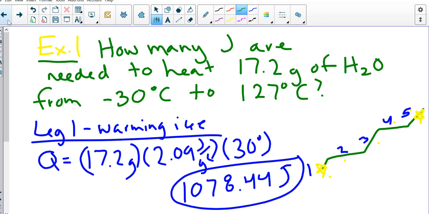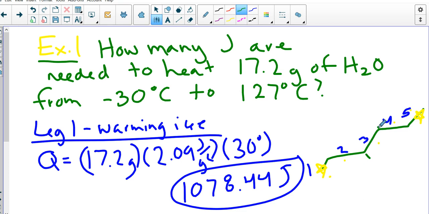We're doing leg 3. What's the maximum temperature change for leg 3? 100. Yeah, because we have to do one segment at a time. Remember how this one was only 30? And this doesn't change. And then this is 0 and this is 0 and that's 100.